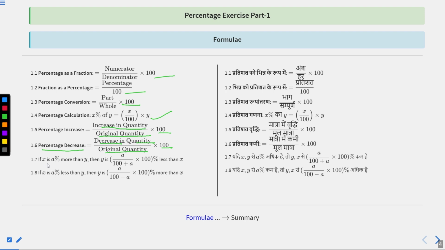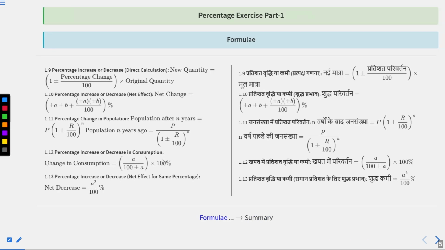Next one is, if x is a% more than y, then y is a upon (100 plus a) multiplied by 100% less than x. Next one, if x is a% less than y, then y is a upon (100 minus a) multiplied by 100% more than x. Okay, see some other formulas.